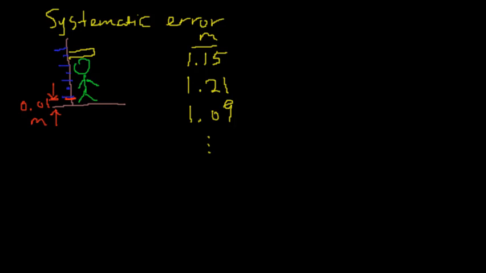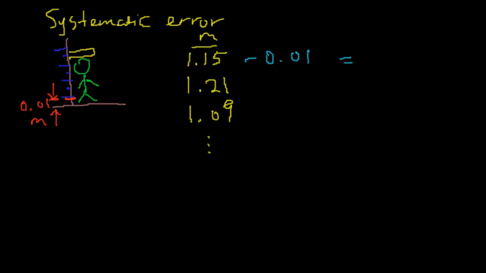Now, systematic errors, once we find them, are quite easy to correct. Meaning that, for example, in this case, since we discovered that all these numbers are bigger by 0.01 meter, all we really need to do is to go to these numbers and subtract 0.01 from each of them.